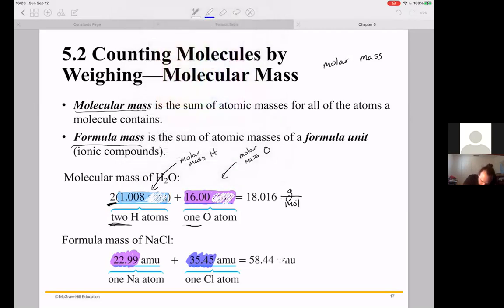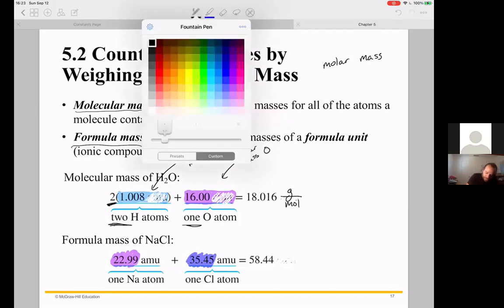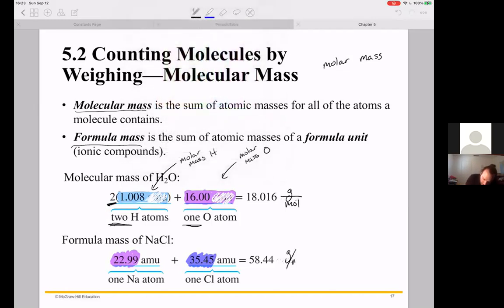And again, we know that it's not just corresponding to the average atomic mass anymore. It's the grams per mole. This is the molar mass. So if I had moles of sodium chloride, I could figure out how many grams I had, or vice versa. If I went and massed out 10 grams of sodium chloride on the balance, I would be able to use this and figure out how many moles that is.